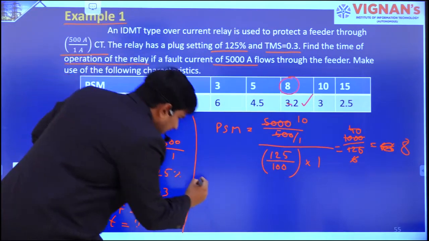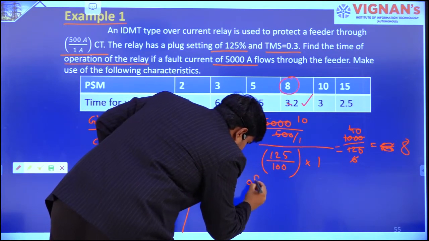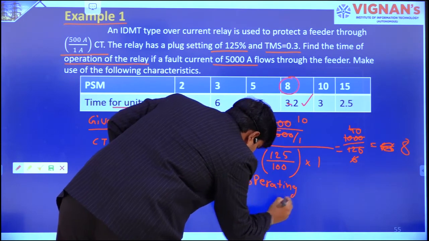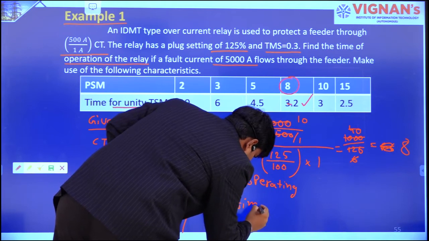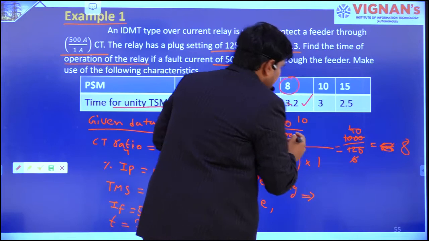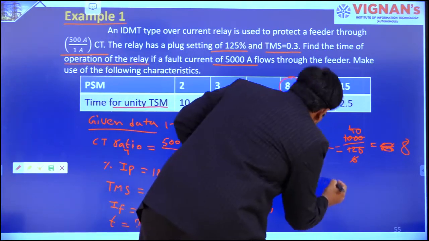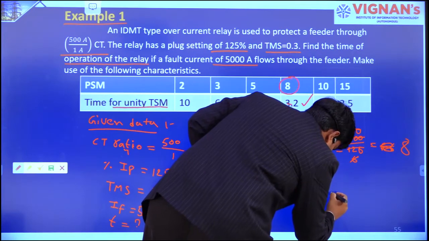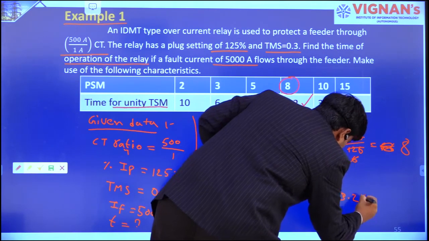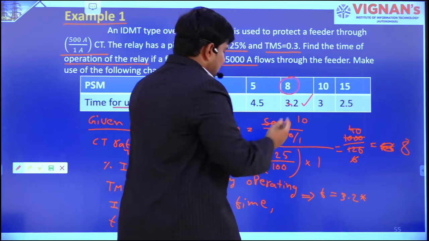Then the relay operating time is equal to the time at unity TSM, that is 3.2, into what is the TSM? 0.3.